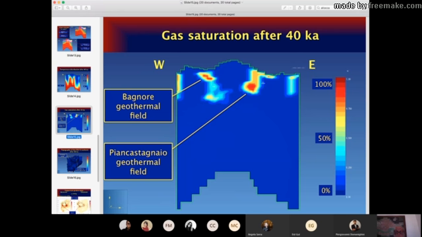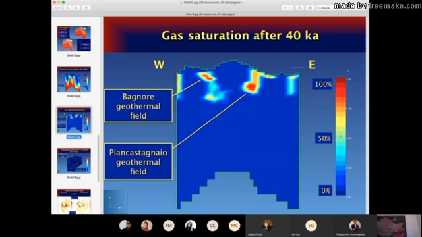What I want to show is that the column on the right tells you the gas saturation. Wherever it is blue, you get only liquid phase. Wherever it is yellow, you get slightly above 50% gas phase. And the gas phase is mainly constituted by water vapor and CO2.